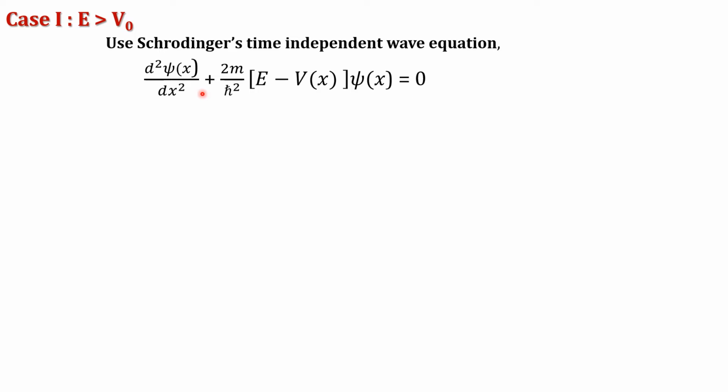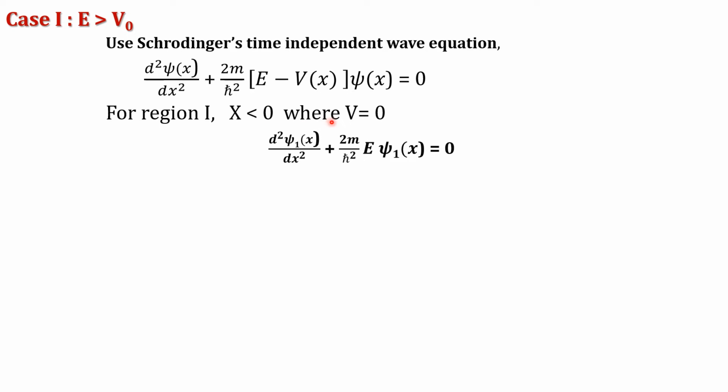Now we apply this equation for regions 1 and 2. For region 1, where potential is 0, this equation becomes d square psi 1 of x by dx square plus 2m by h cross square E psi 1 of x equal to 0, since V is 0, where psi 1 is the function for the incident particle in region 1.